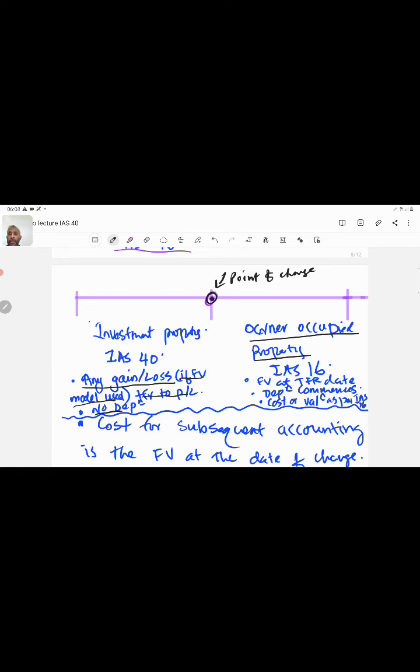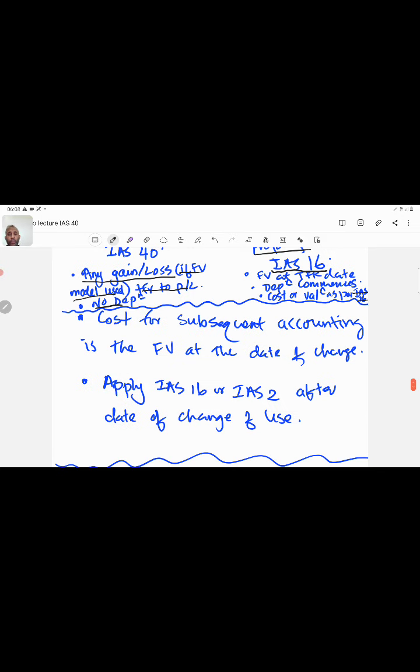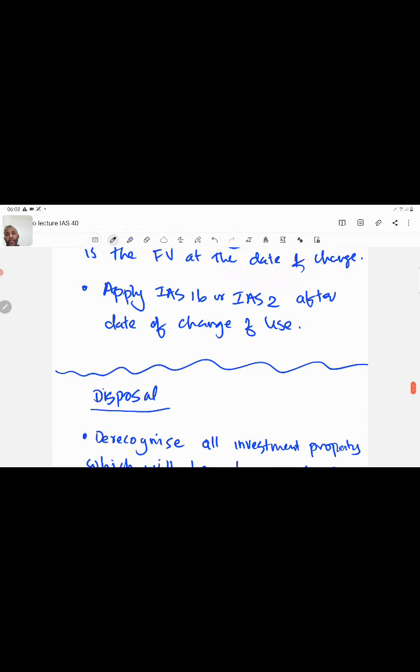And you won't calculate any depreciation under investment property when you follow fair value model. On the other hand, owner occupied property, we will follow IAS 16. Fair value at transfer date, depreciation commences from the date of transfer, and then cost or valuation model as per IAS 16. You will follow that. Cost for subsequent accounting is the fair value at the date of change. Apply IAS 16 or IAS 2 after the date of the change of use.